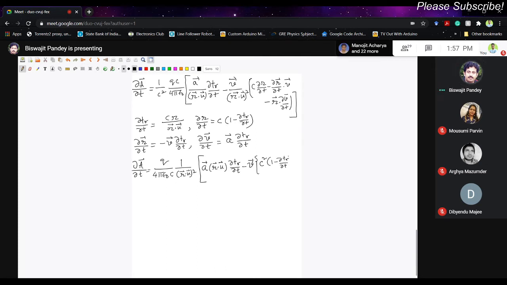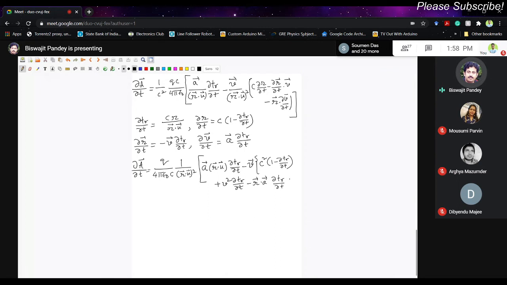Then we have second term. Plus, what will it be? We have a v here, and ∂R/∂t gives us another minus of v. So v dot v is v squared, and minus minus becomes plus. So I write v squared and then ∂t_r/∂t. Second term is done. What is third term? ∂v/∂t is acceleration, that's a plus, and minus is minus, and we have R dot acceleration a and then ∂t_r/∂t.